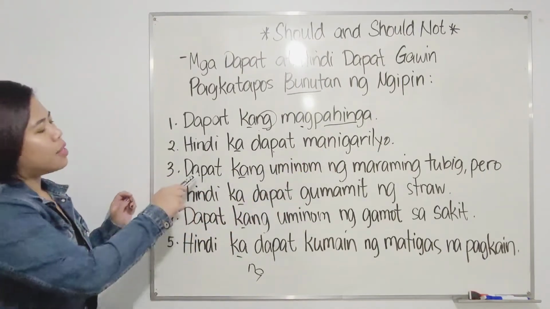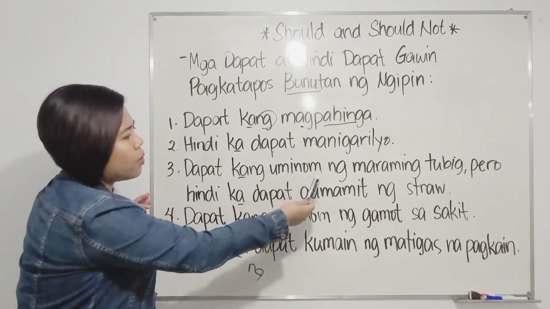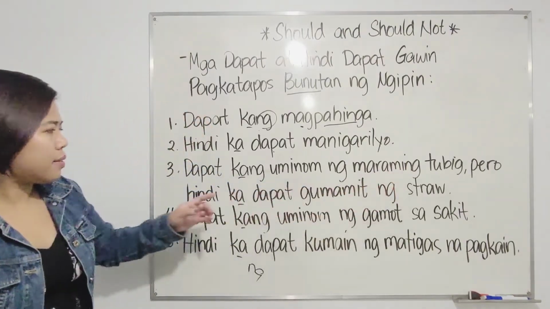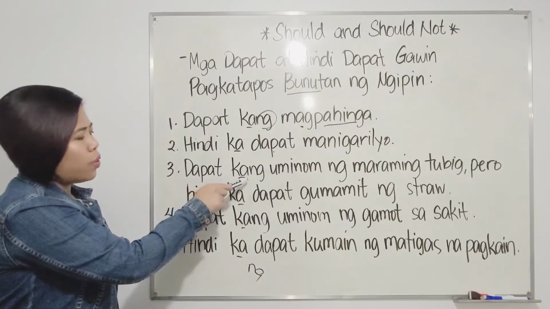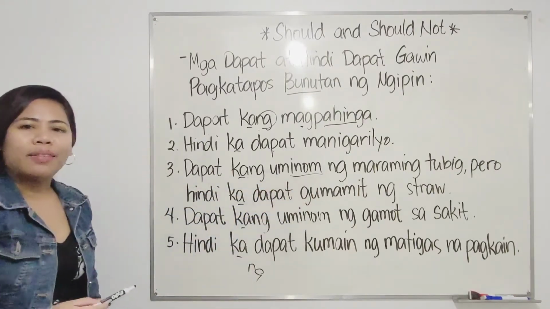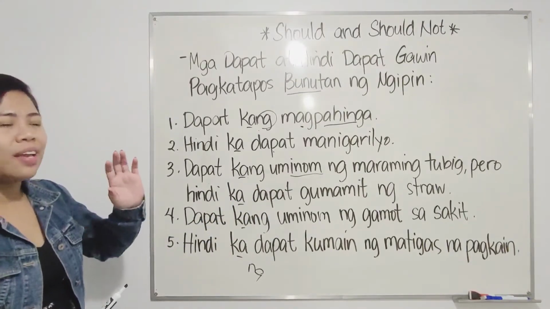Number 3, this one, positive statement again. Look, dapat kang uminom ng maraming tubig. We'll stop there. This is a compound sentence. So, positive, should. And then you should inom. I think we use this verb so many times already. Inom is to drink, right? Uminom.